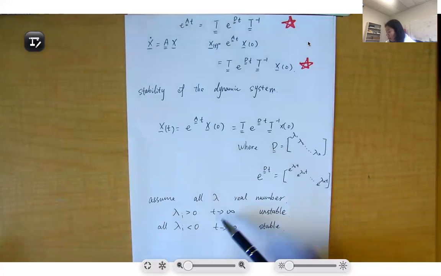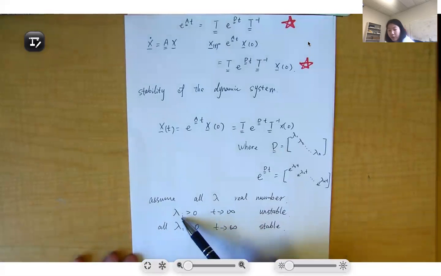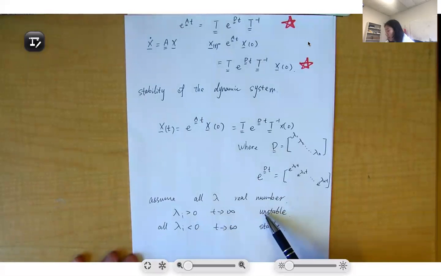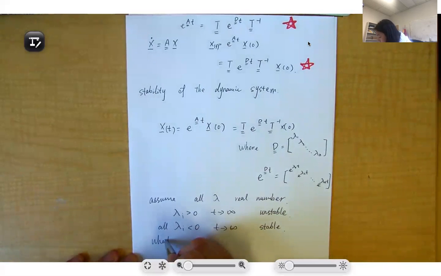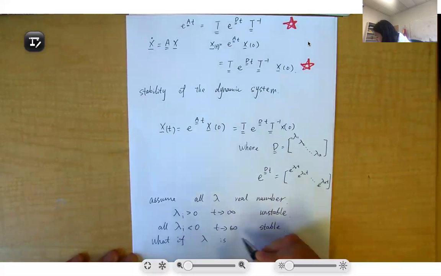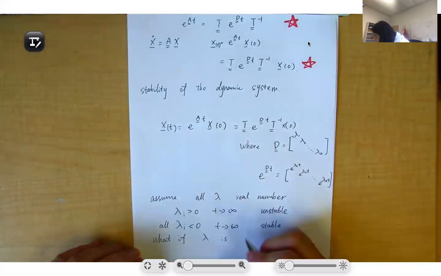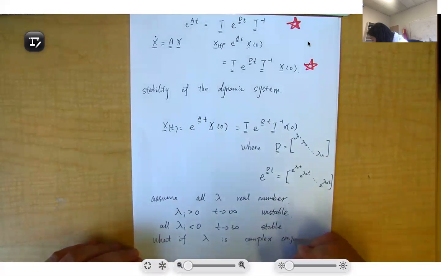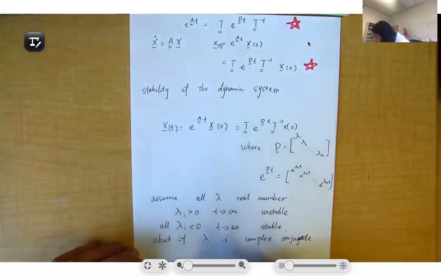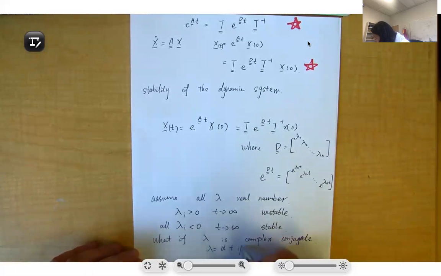It depends on whether your eigenvalue is positive or negative to decide whether the system is stable or unstable. What if my lambda is complex, a complex conjugate? You can write lambda equals alpha plus i beta.